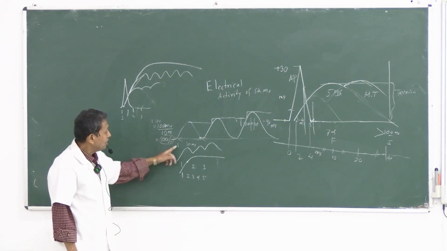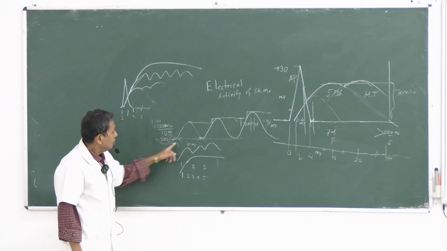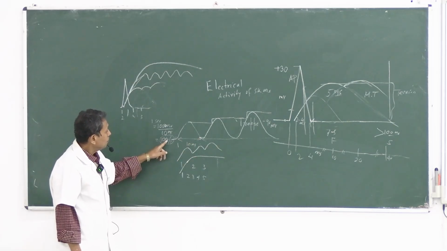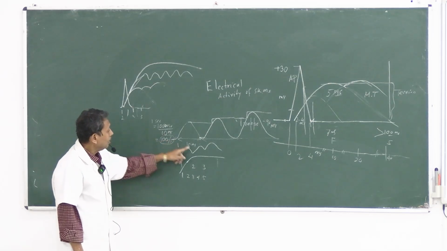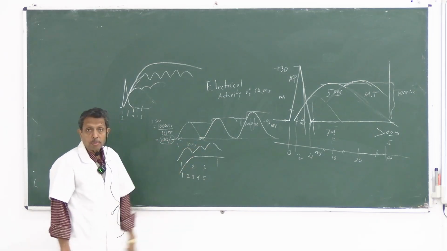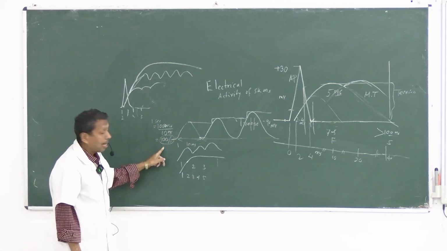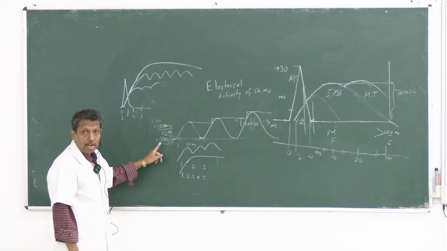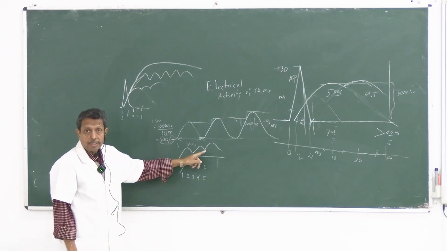When the frequency is less than this 100 per second, you get this staircase phenomenon. But when the frequency is more than 100, you can get the summation effect.